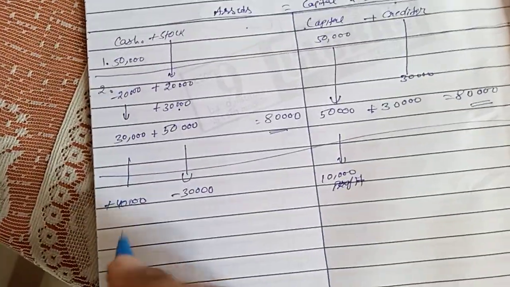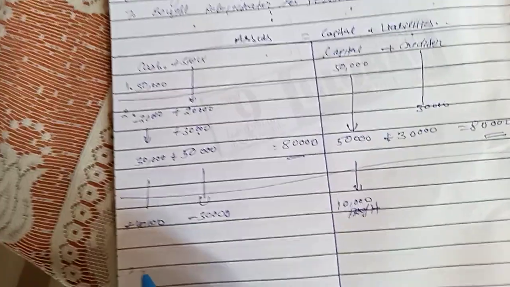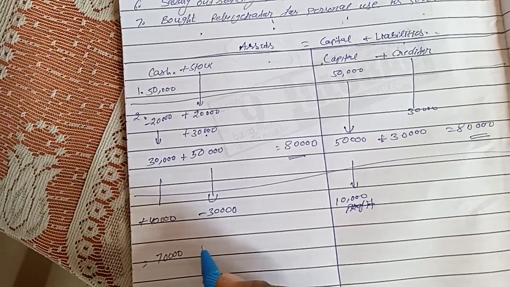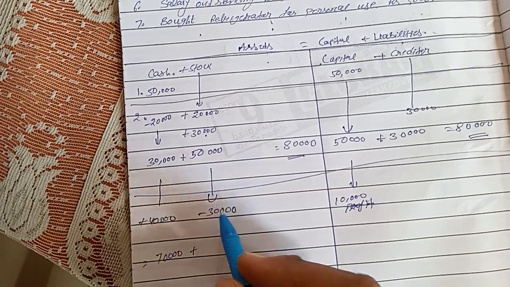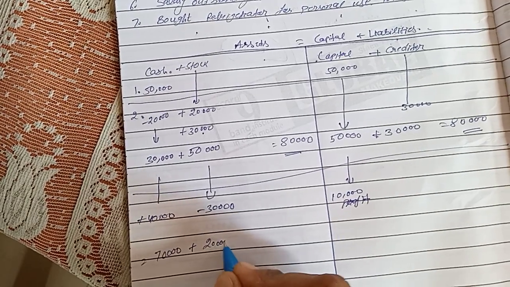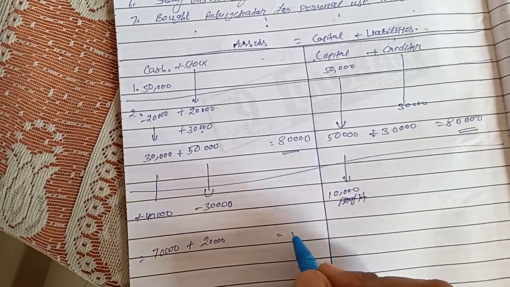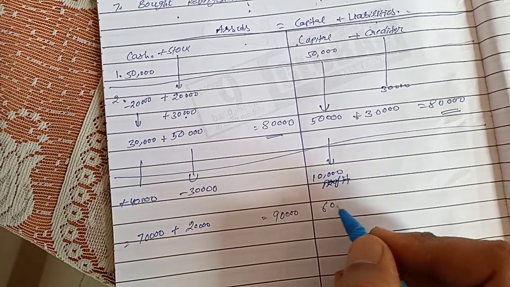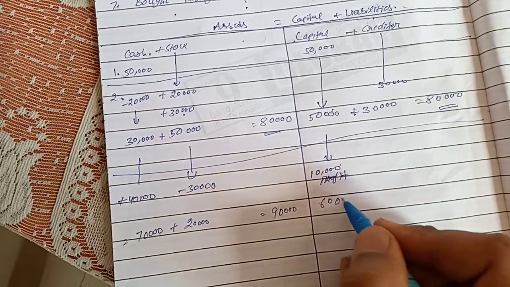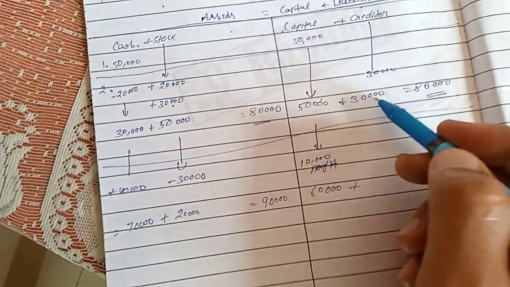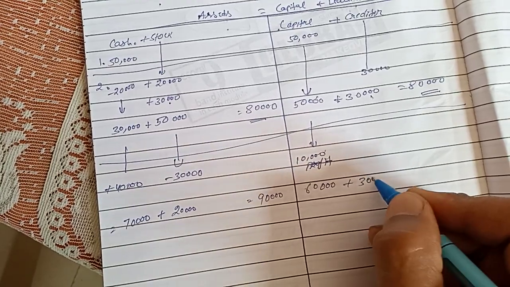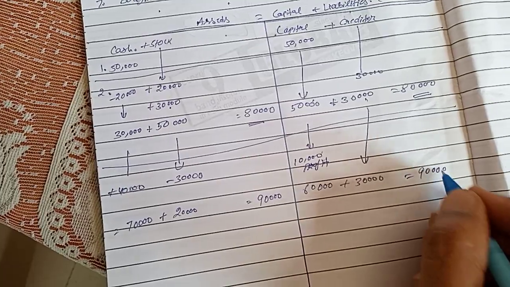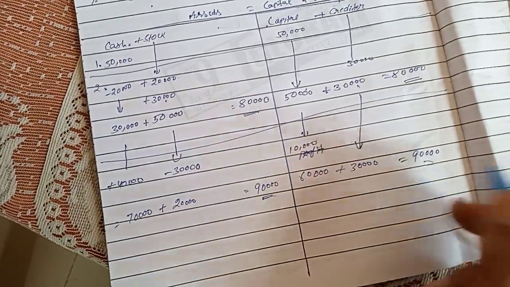After this I have cash of 70,000, and then I'm left with stock of 20,000. So the total value is 90,000. Here the capital I have is 50 plus 10, 60,000. There's no change in the creditor, I have 30,000. Total value is 90,000. So assets is equal to your liabilities.